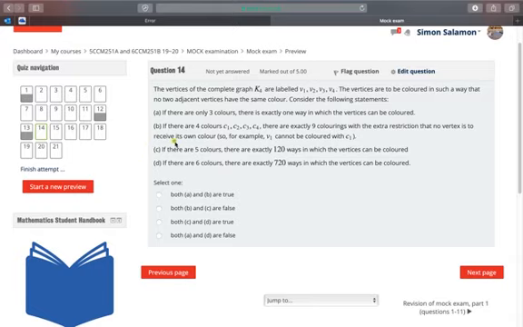So we have K4. K4 is the complete graph with 4 vertices. But let me actually draw that. I can draw it really as a tetrahedron.